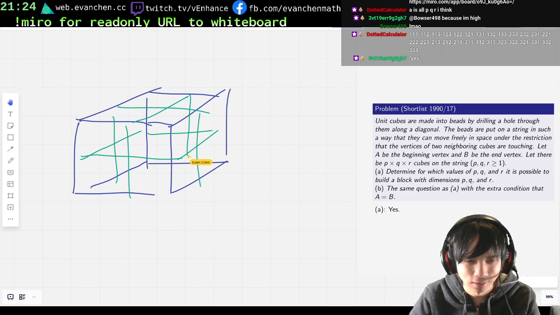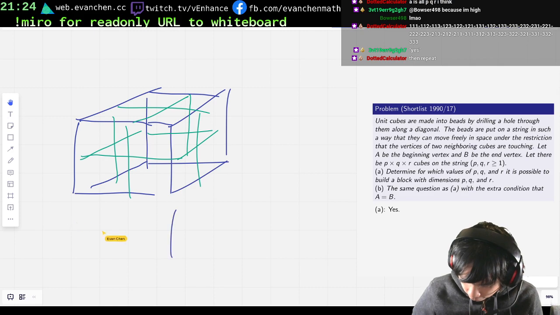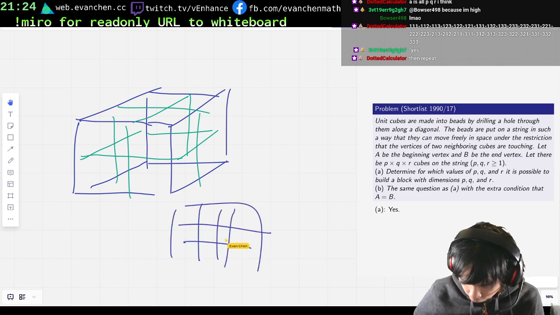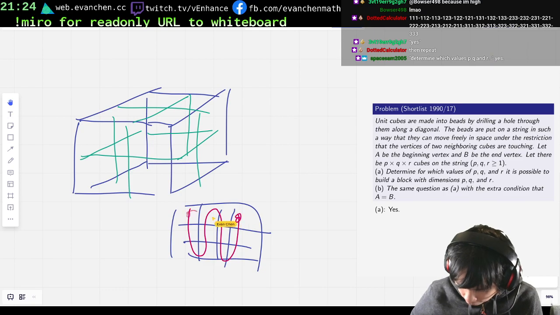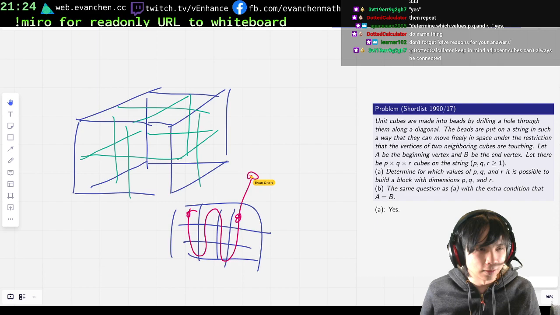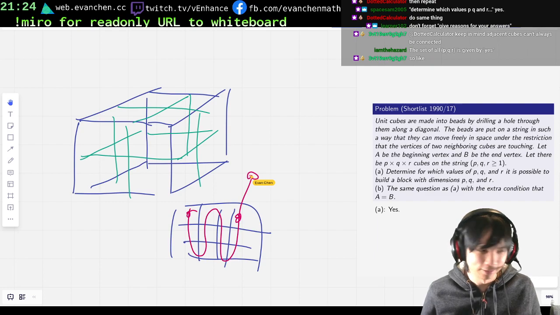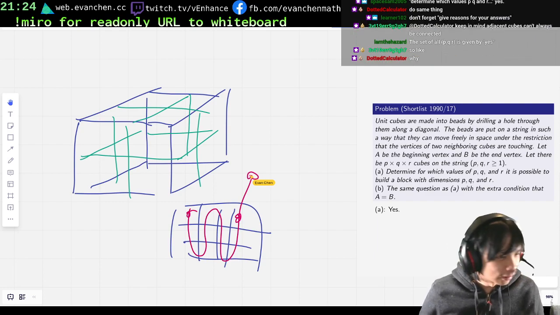For each face, you can go from one corner to the other by doing a zigzag like this, and then you move to the next layer, and then you keep going. So yes, that's the answer. Moving on.